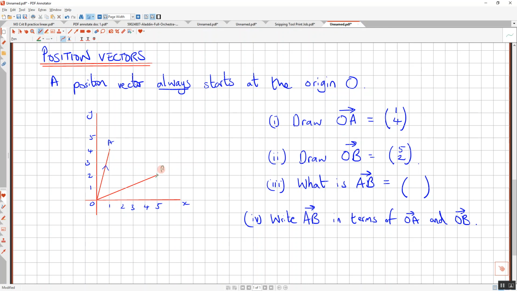So label it O to B. And this is going in that direction, okay? So you have to have the arrowheads on here. It's really important because otherwise you don't know what direction you're going in. Is that okay with everyone?